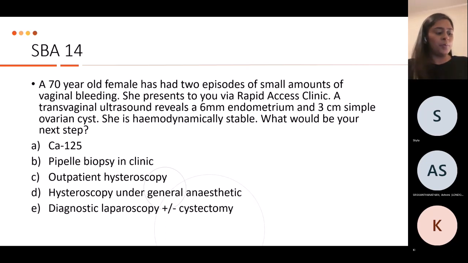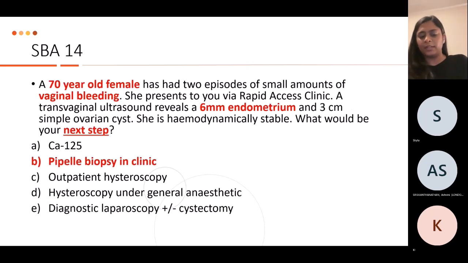So most people didn't quite get this, and the reason is because the key bit in the question is what would be your next step. So she's 70, so you can presume she's postmenopausal. So this is referring to postmenopausal bleeding. She's got a 6 millimeter size endometrium. Usually you expect it to be less than 4 millimeters. That's the important thing to know.